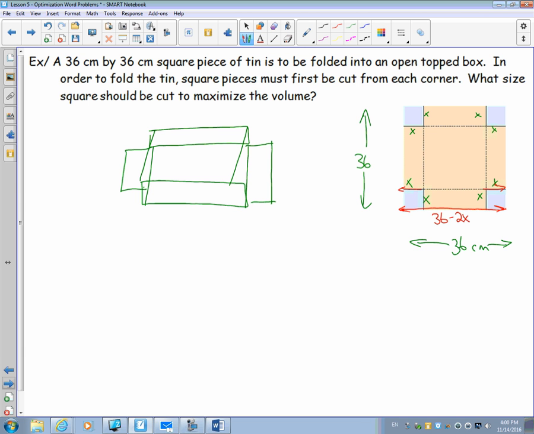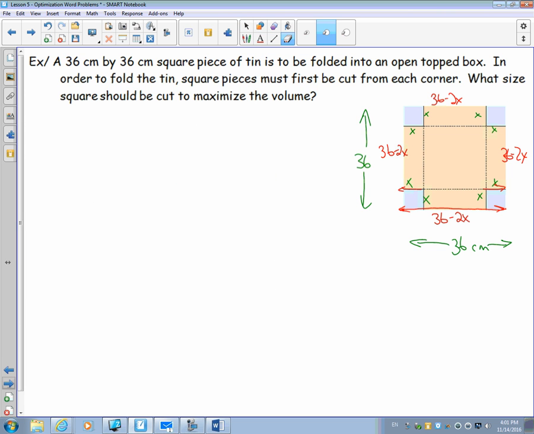And because we're doing it from all the sides, this piece will be 36 minus 2x also, and so will this one, and so will this one, because you're cutting off an x from each of the side pieces. And because there's one on each side, you're cutting off two x's.